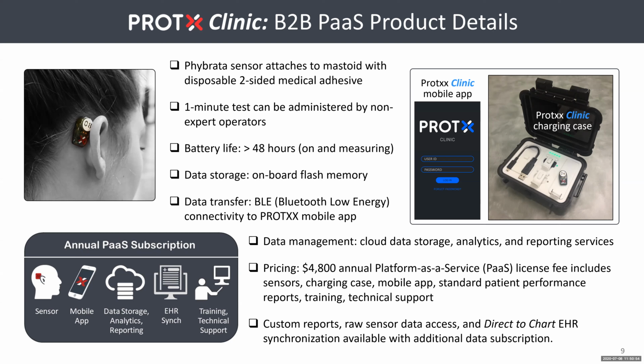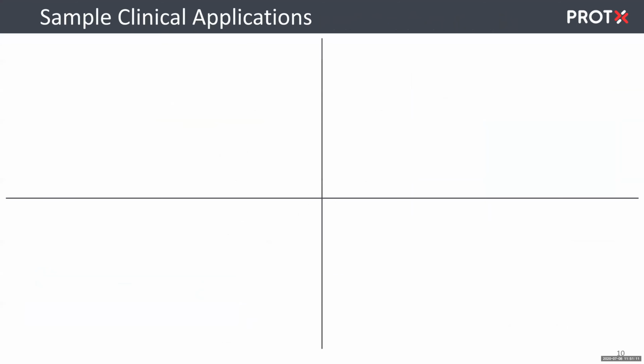We have an additional data subscription that gives customers access to customized reports as well as the raw sensor data to support their own analyses. And our direct-to-chart EHR synchronization service, which removes the last source of friction to healthcare provider and payer adoption.